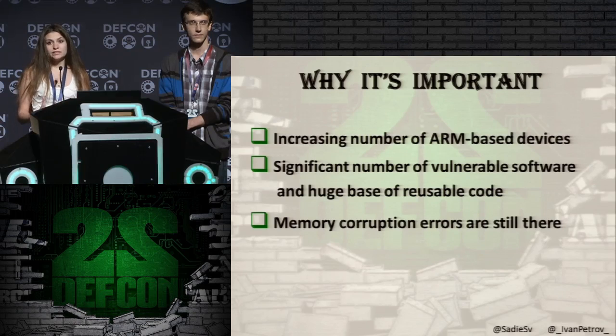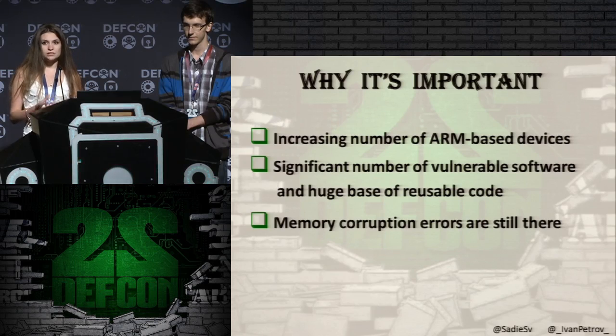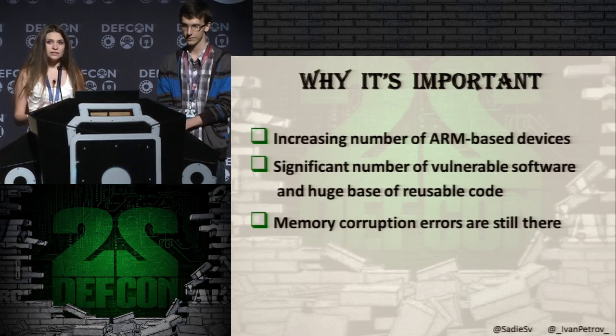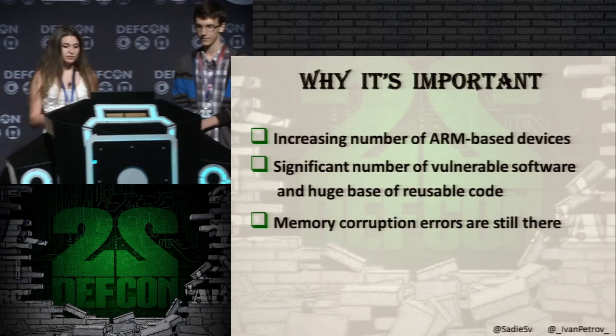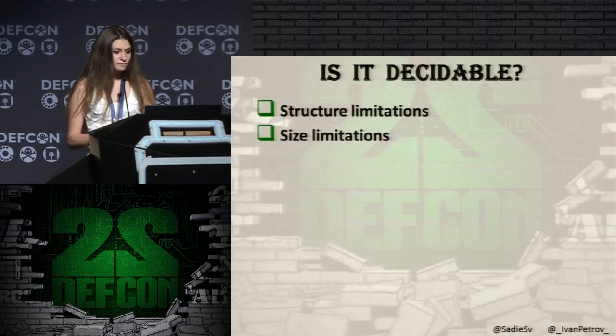Actually, it's already laptops, for example, we know about Chromebook and so on. We still have a huge base of code written in C and C++, code that we want to inherit from other systems. We want to reuse it somehow, so it contains a lot of vulnerabilities, and we're talking about memory corruption vulnerabilities. They're still there.